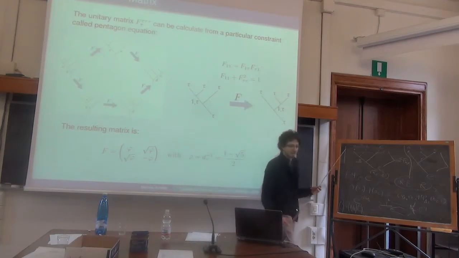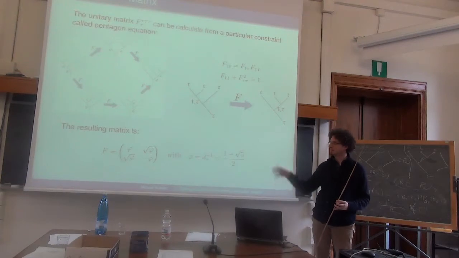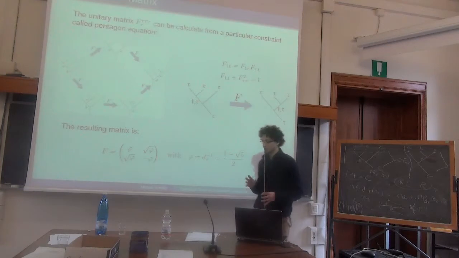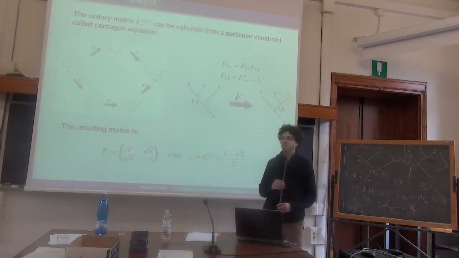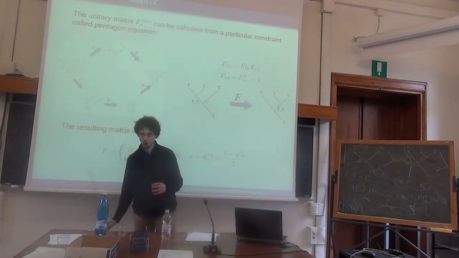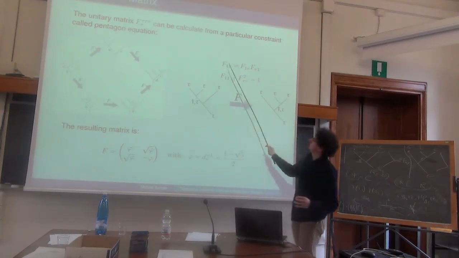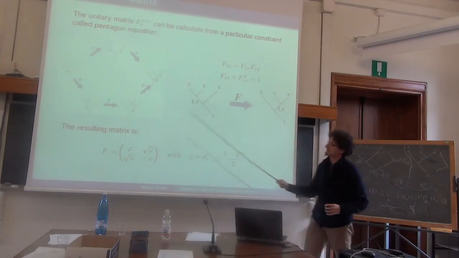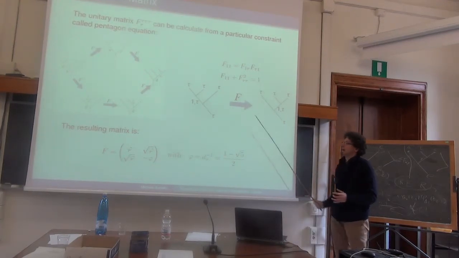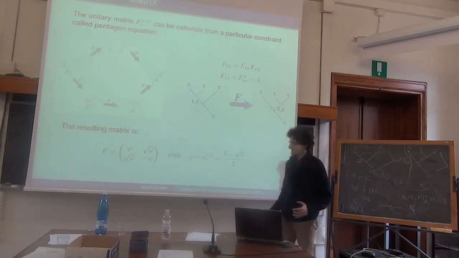For example, the Yang-Baxter equation can be written in terms of F and R matrices, and we will do it in a while, and it must be fulfilled, so it imposes some constraints. The trick is that once I decide what all the fusion rules of my model are, then there is a set of equations called the pentagon equation, which allows me to calculate all the F matrices for the model.